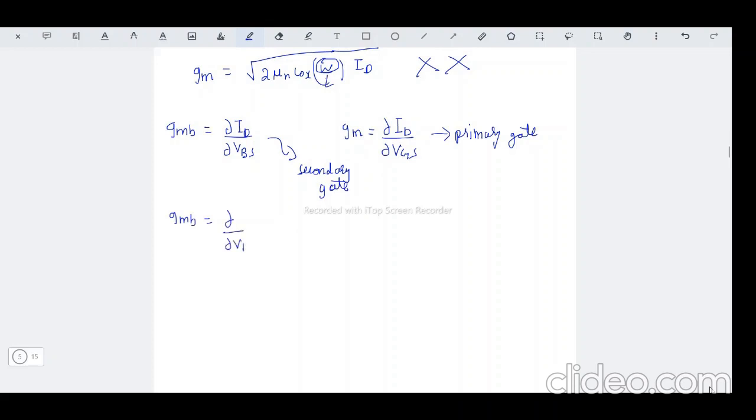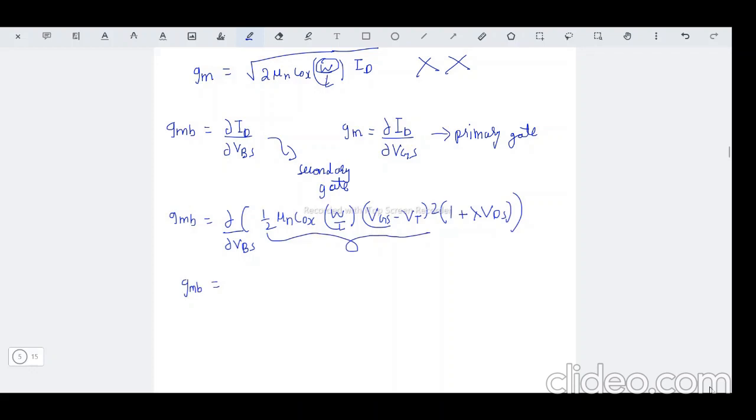So the equation of ID we substitute here: half mu n Cox W by L into VGS minus VT whole square, and we also have to include the channel length modulation effect, which is 1 plus lambda VDS. When I differentiate, all of these are constant and don't change with respect to VBS. The only thing which changes is the threshold voltage, because threshold voltage is a function of VBS.